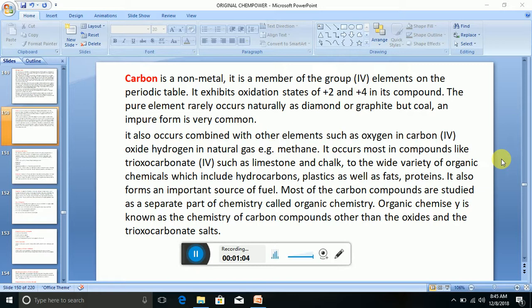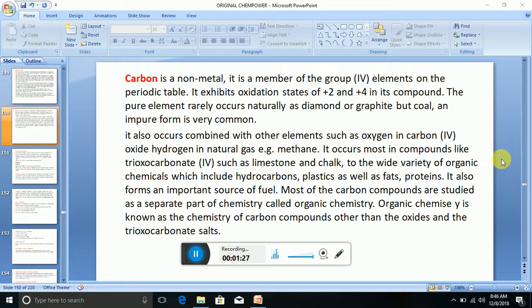It also occurs combined with other elements such as oxygen, as in carbon(IV) oxide. It also occurs combined with elements such as hydrogen in natural gas, as in methane.